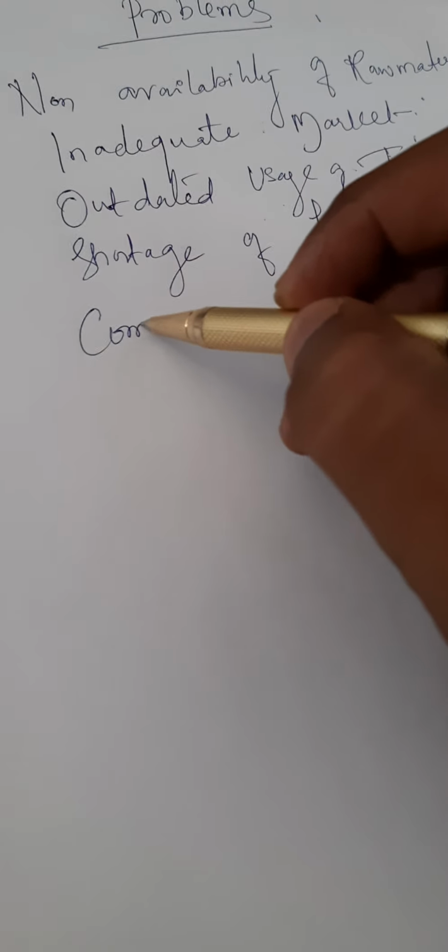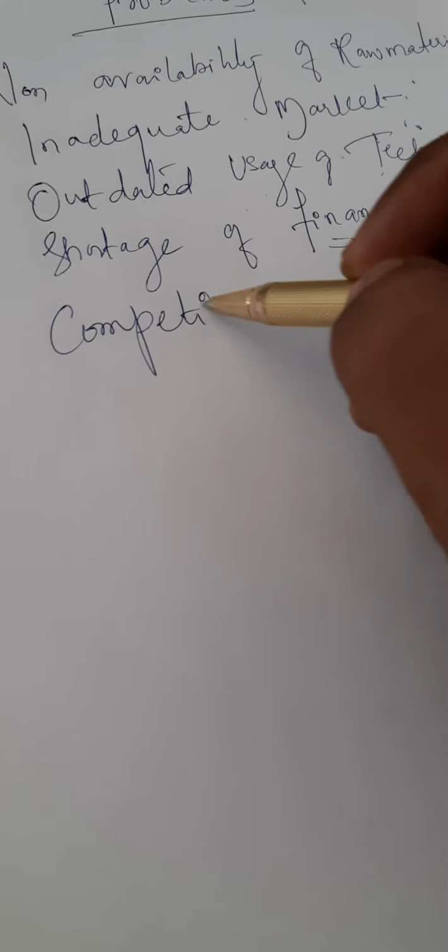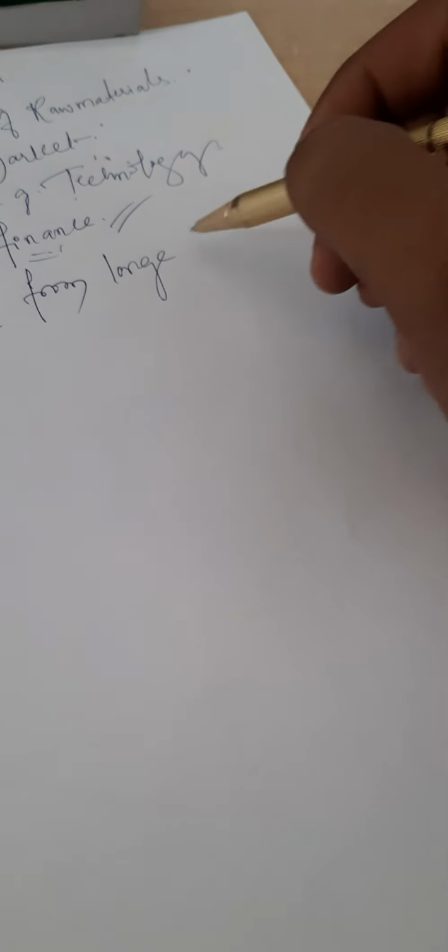Next, the fifth point is the competition which comes from larger industries and from all corners. Competition comes not only from smaller organizations from the city, but also from larger scale players. With the severe cutthroat competition, rural industries sometimes will not be able to match, because with their limited resources they will not be able to give 100% competition.